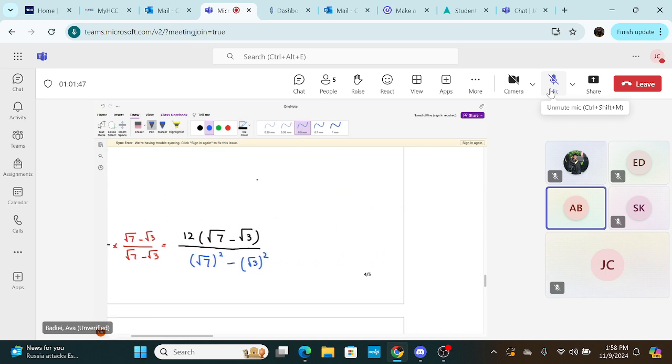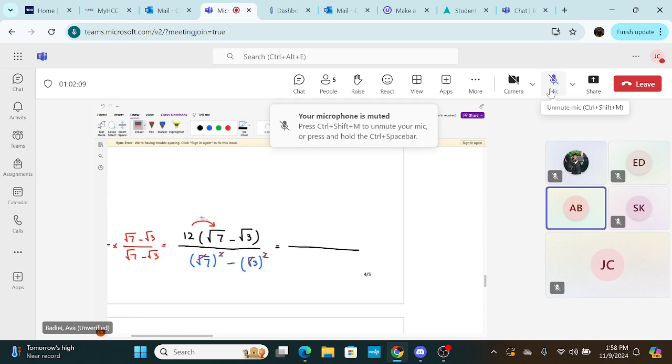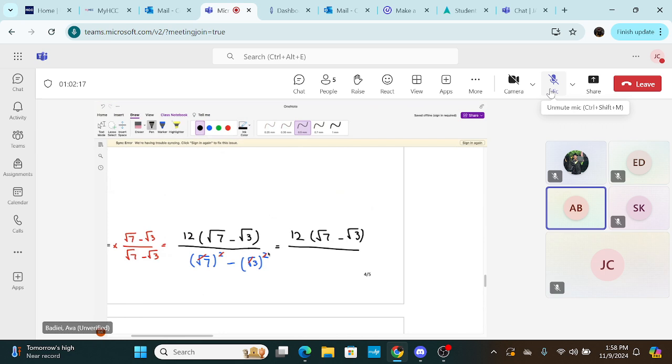So now all we have to do is to try to simplify these a little bit. Down here, powers and radicals cancel. And up there, we have to multiply. Actually, let's keep that for the last part. It's going to make it easier. So I'm just going to say 12 times square root of 7 minus square root of 3. Here we are going to have 7 minus 3. 7 minus 3 is going to be 4.